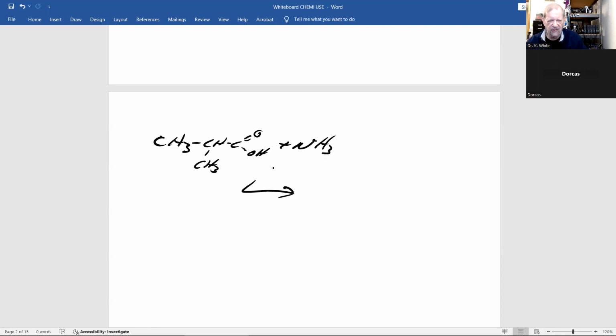What's the reaction? What's different here? Ooh, oxygen with OH. This is a carboxylic acid. Now here we have ammonia, but I can write it this way.